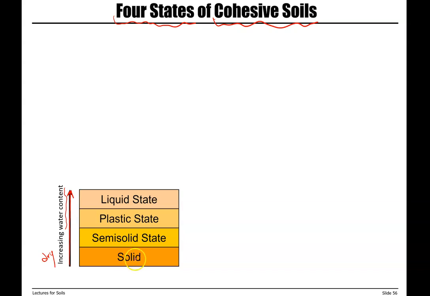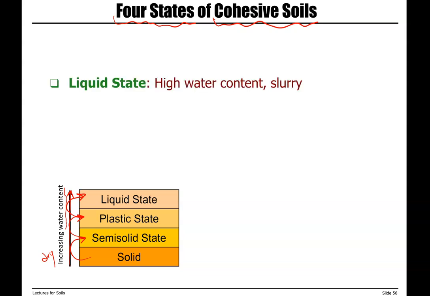With a solid, dry material, we have the solid state. Then when we start adding moisture, the state changes from a solid state to a semi-solid state. Then if we keep adding moisture, it's going to change into a plastic material. And by adding more water to soil, the state changes from a plastic state to a liquid state. So liquid state is when we have high water content.